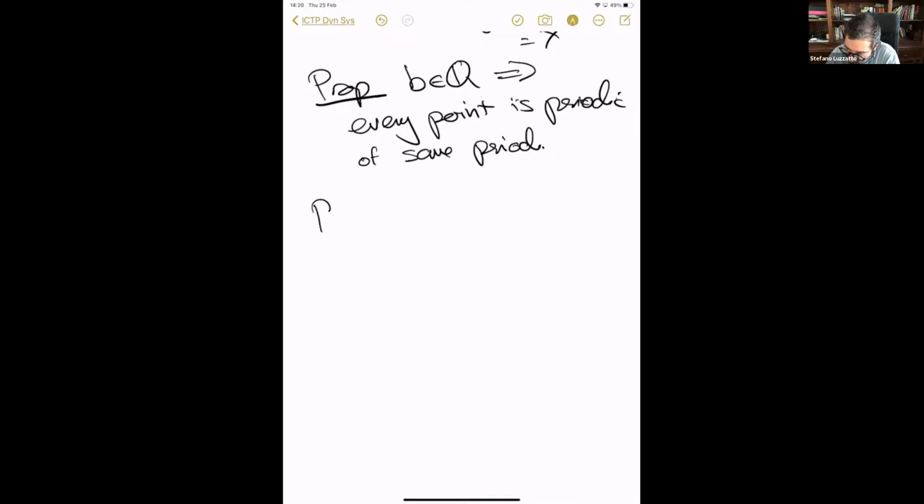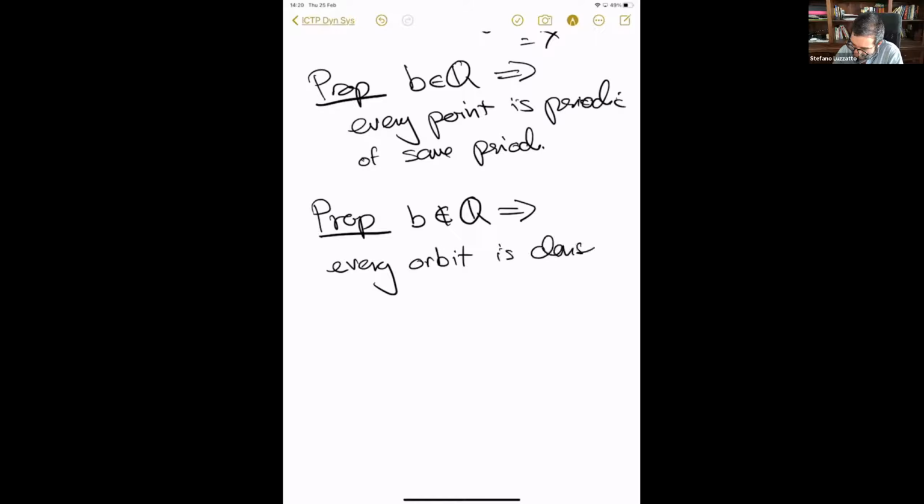So what we're going to show is this proposition: if beta is not rational, then we have a very interesting property, which is that every orbit is dense in S1.